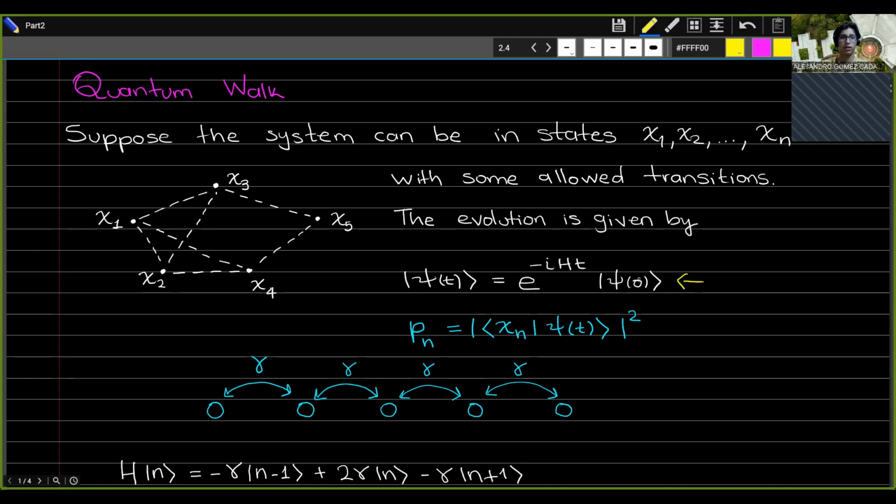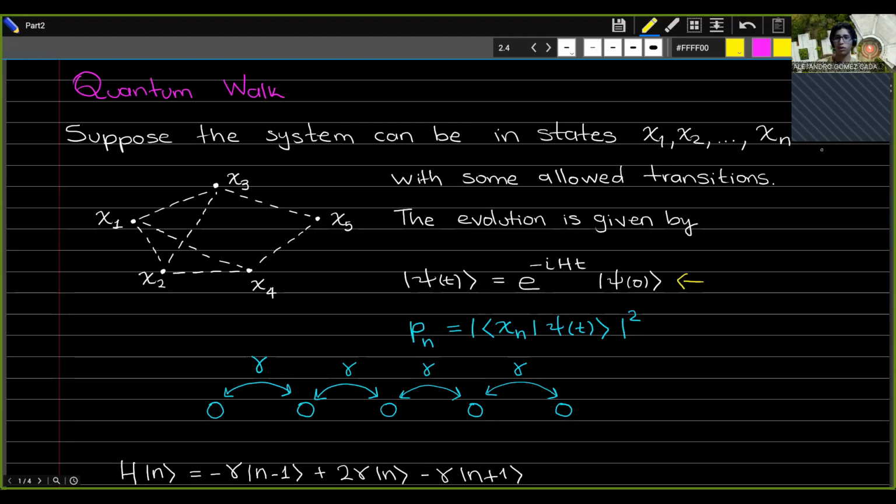So the initial state could have any probability distribution, and then as time passes, as the system evolves with the Hamiltonian that's given by the possible transitions between the states, it will determine what the probability distribution would be at some time t. So for example, the probability of measuring the state xn is given by this expression, and that's in general the probability distribution we will have.